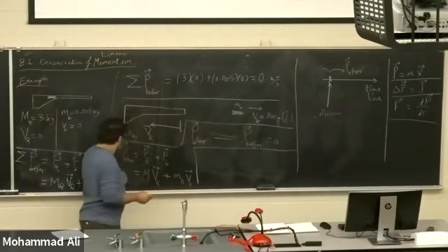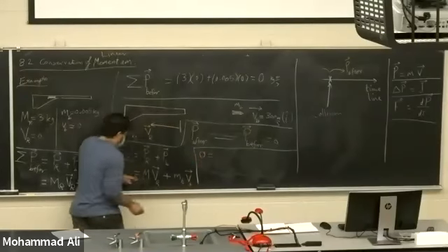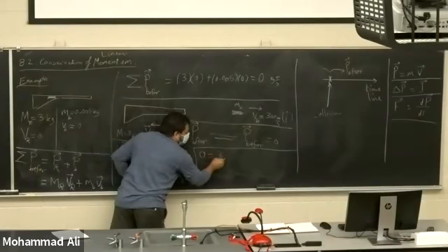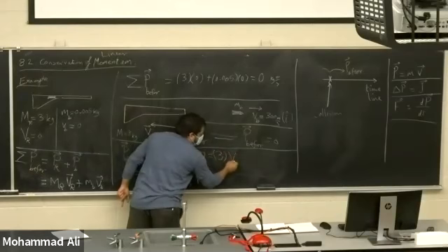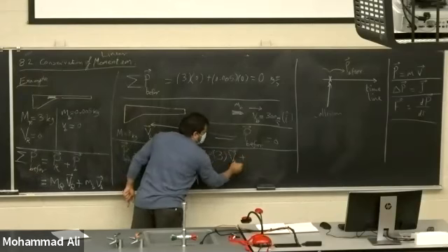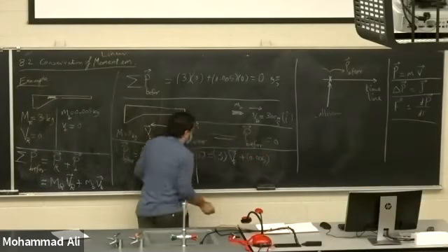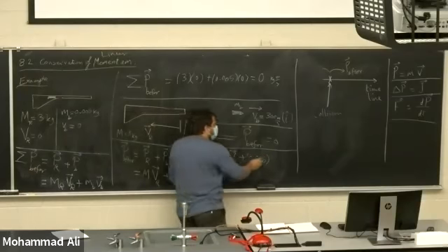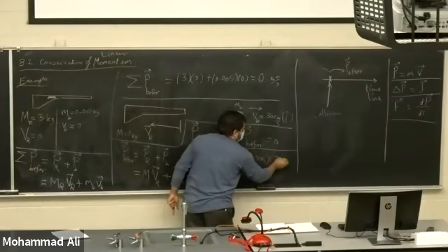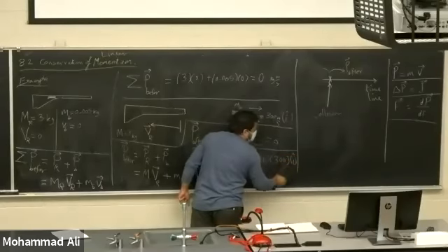Now, P after is equal to 0, which is equal to 3, as we know, the mass of the rifle. The velocity is unknown, plus the mass of the bullet, multiplied by its new velocity after the shooting, which is 300 meters per second in the positive i direction.